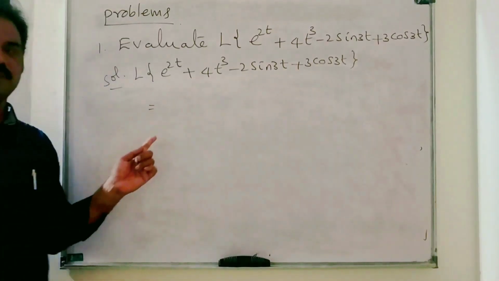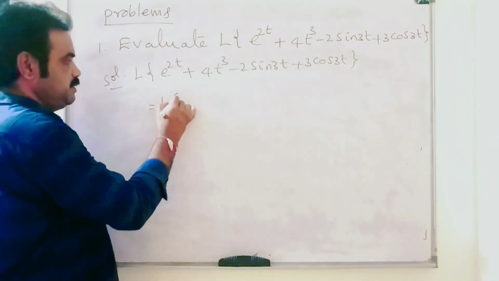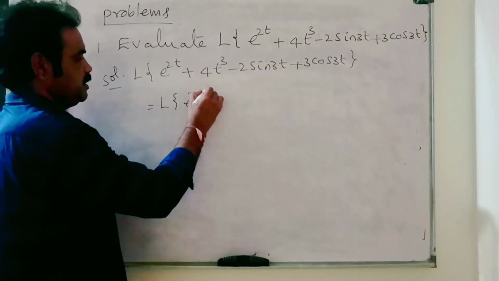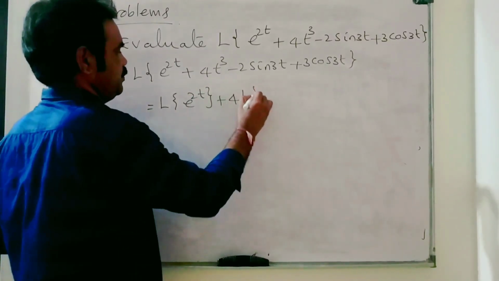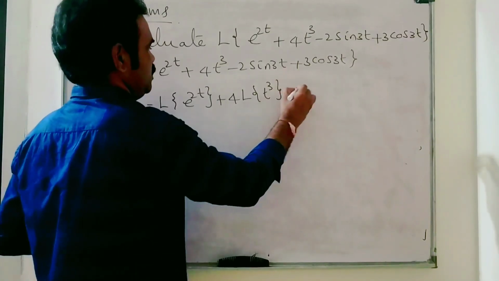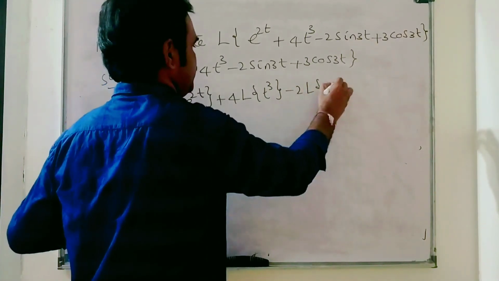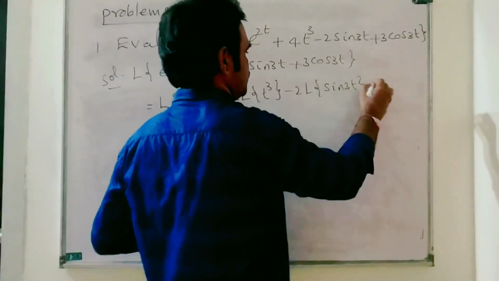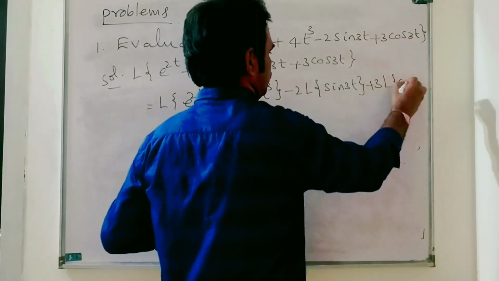By the linear property, it is equal to L of e power 2t plus 4 into L of t cube minus 2 into L of sin 3t plus 3 into L of cos 3t.